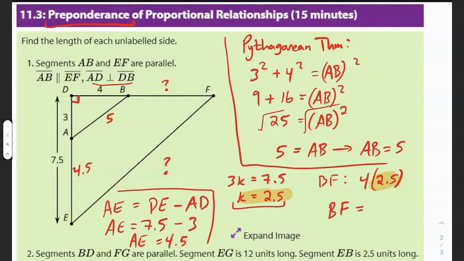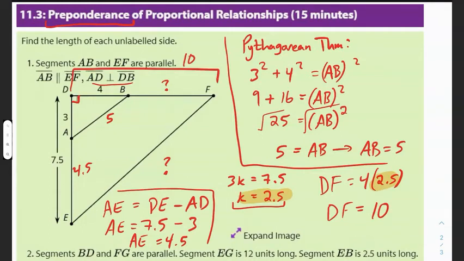So BF is what? 10? So that's not BF. What I just did was I found DF. That means this whole piece right here is 10.